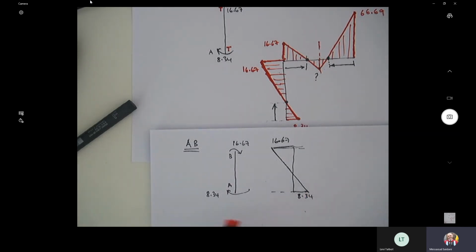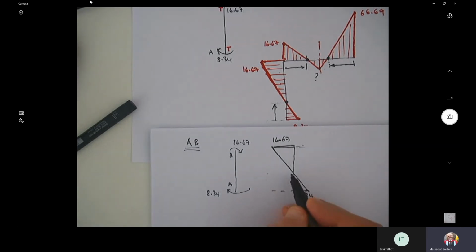When you have straight lines like this, you have a linear distribution like this. When you have a straight line, it's possible to determine the points of contraflexion simply by using geometry. How? You use what we call the similar triangles.